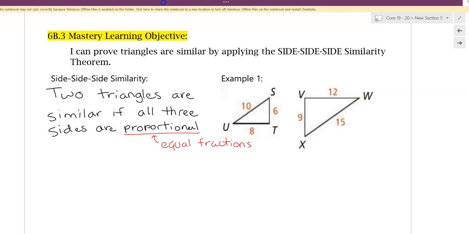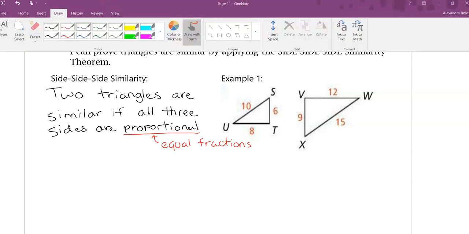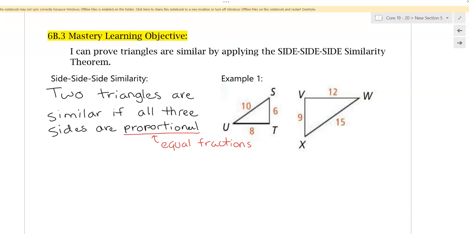Okay. So the easiest way to set this up is, in each example, you're going to do the smallest side over the smallest side, and set it equal to the middle side over the middle side, and then do the biggest side over the biggest side.